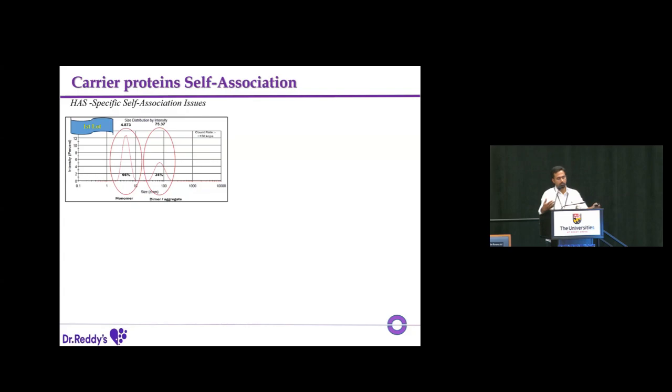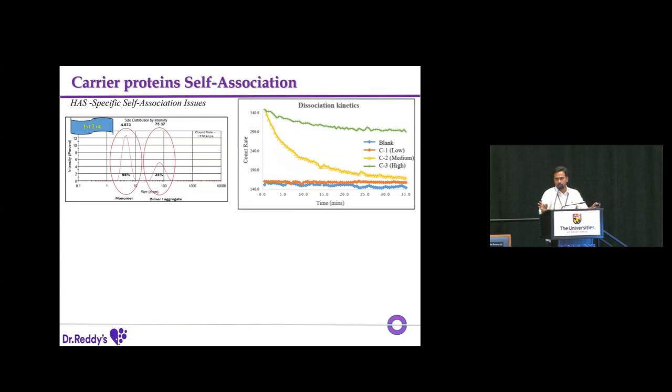So we plotted the count rate against the different concentrations of the product. We took the blank HSA, in blue, followed by spiking the drug product into the HSA at a low concentration. We can see that dissociation or dissolution happened immediately, matching the blank solution.